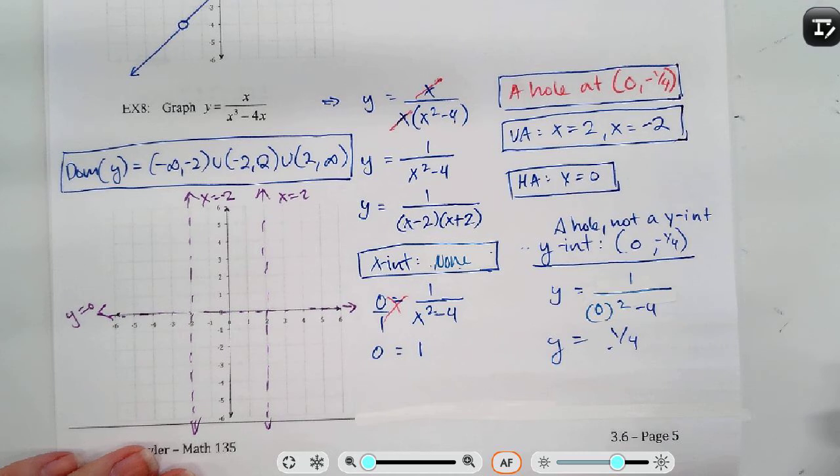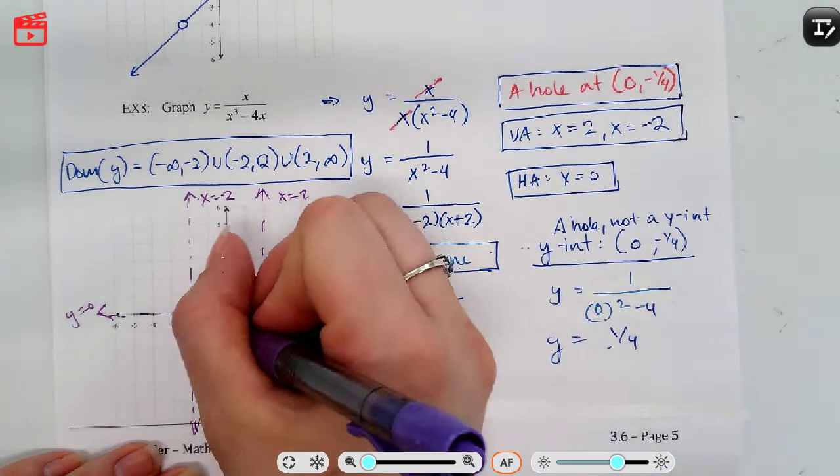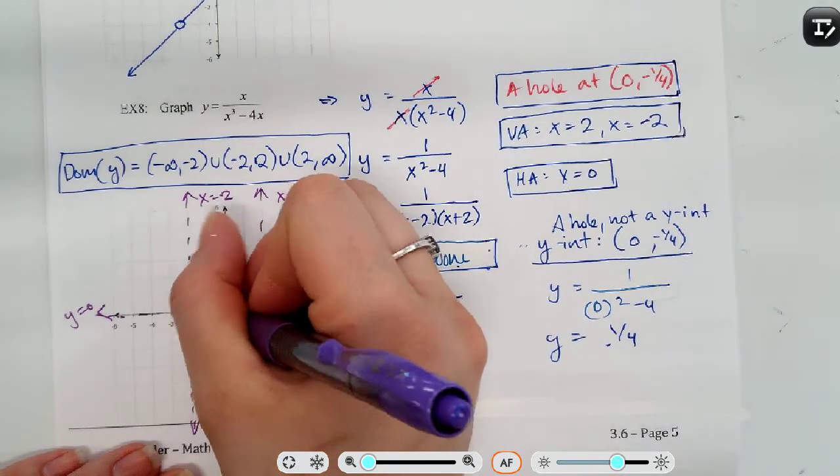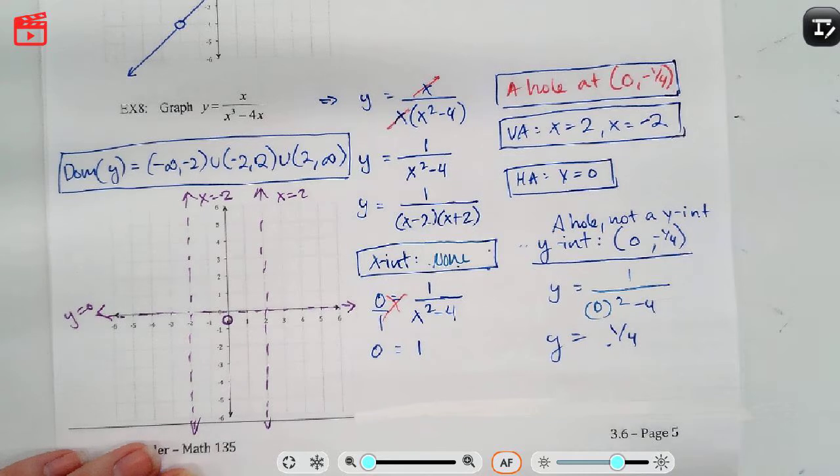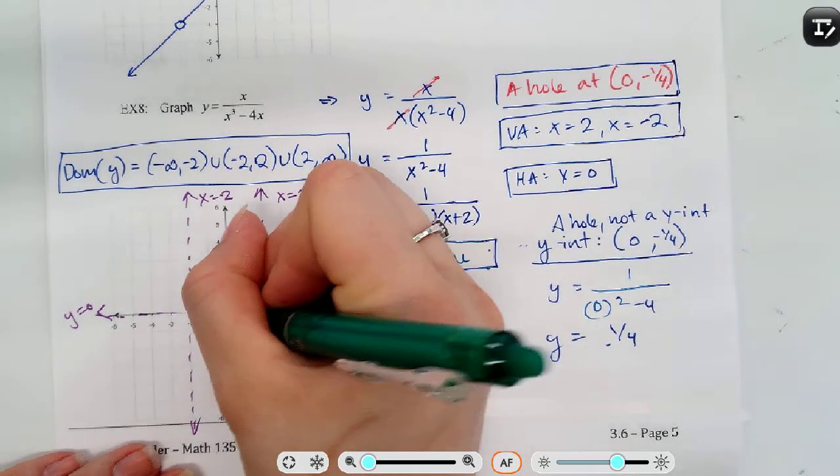Any points? Well, we have a hole at 0, negative one-fourth. We know that much. But we don't know anything else.